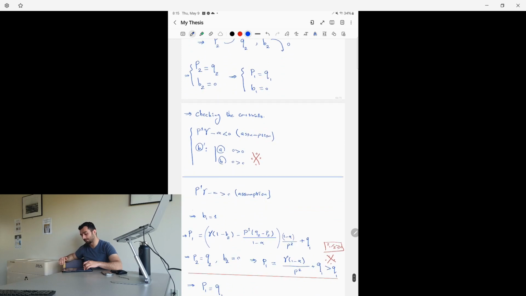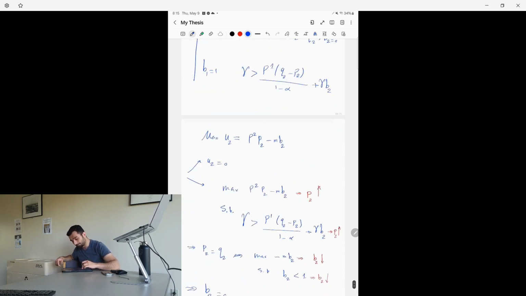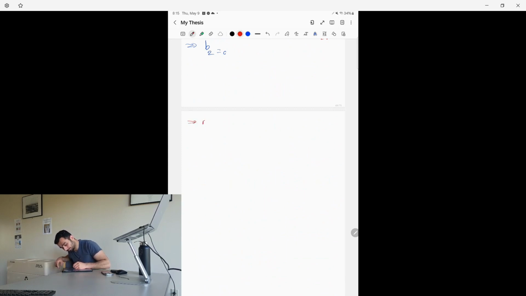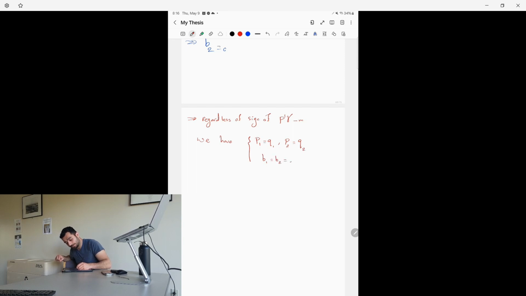So regardless of the assumption, we are at the case P1 is Q1, P2 is Q2, B1 and B2 are 0, right?